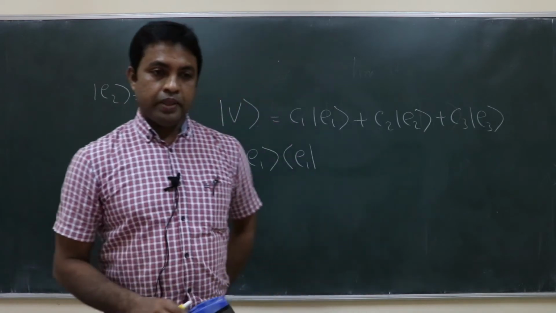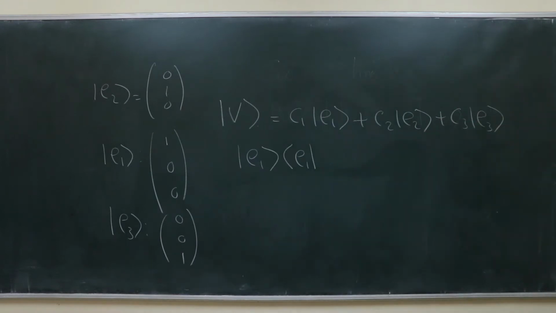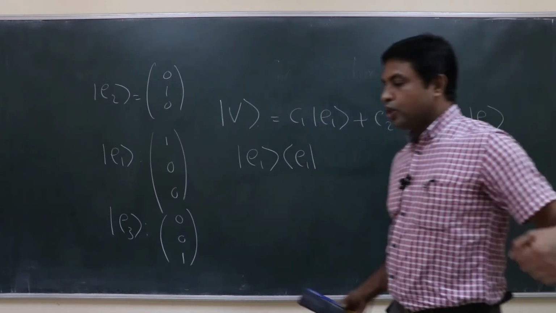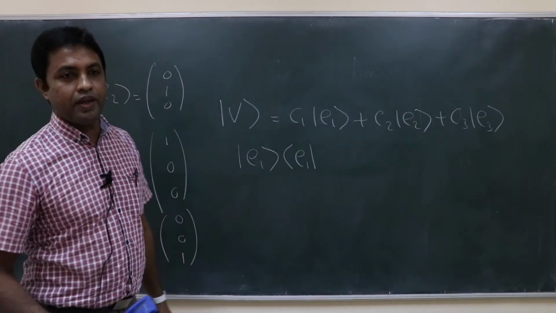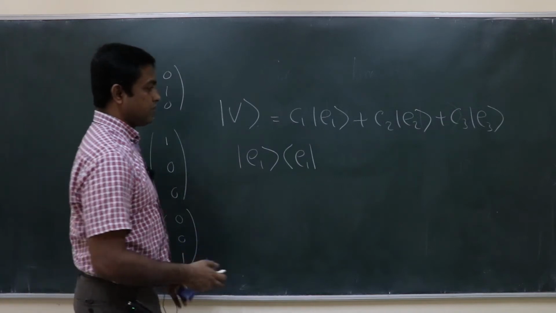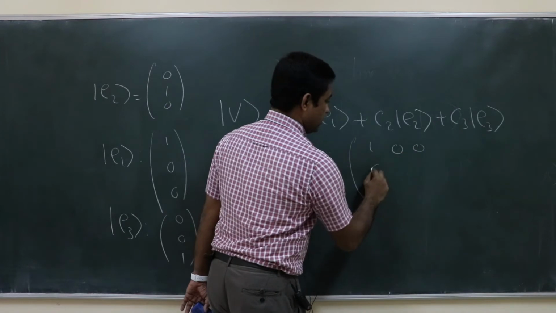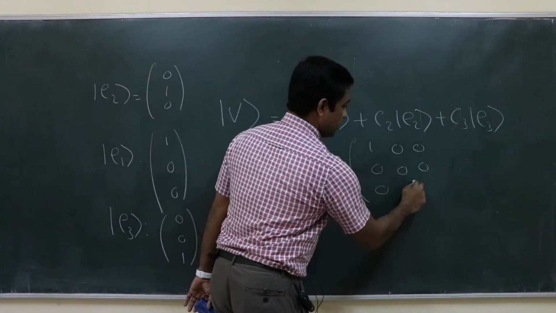I'll give you some time. So this ket E1 bra E1 will be a 3 cross 3 matrix, okay. So what is that matrix? 1 0 0, 0 0 0, 0 0 0.